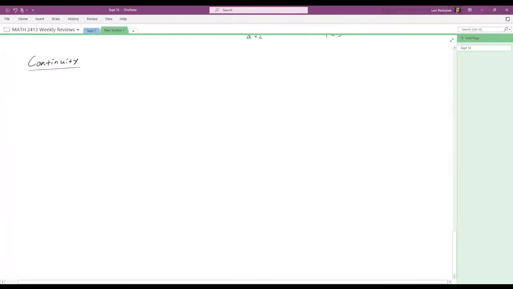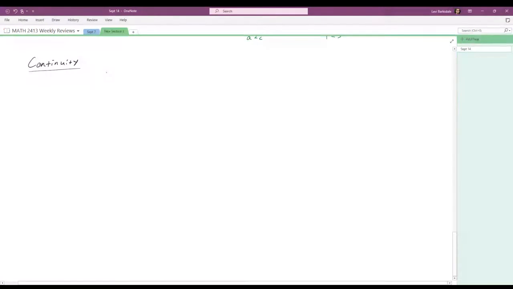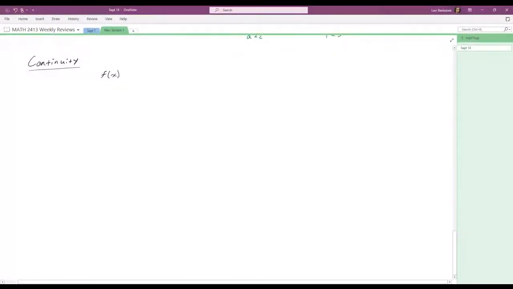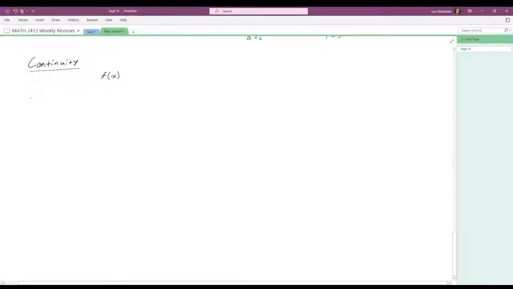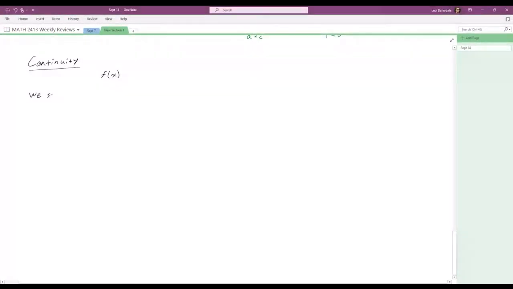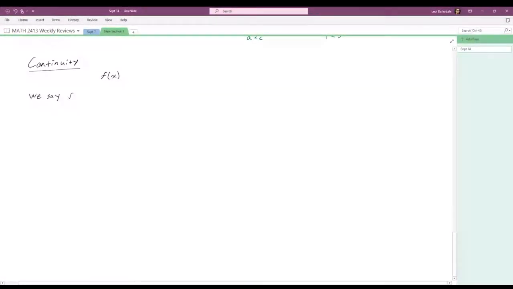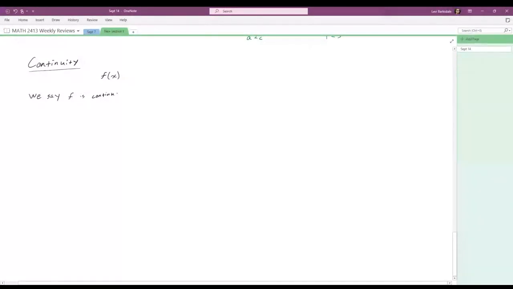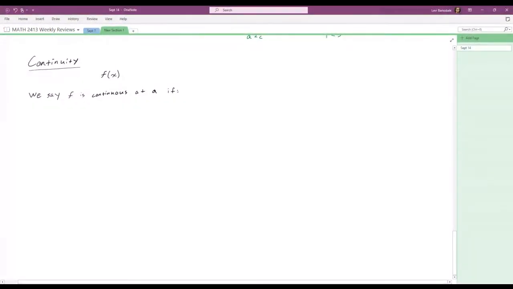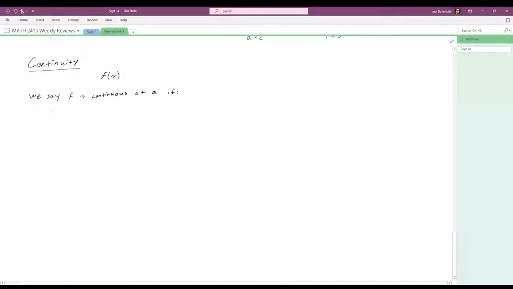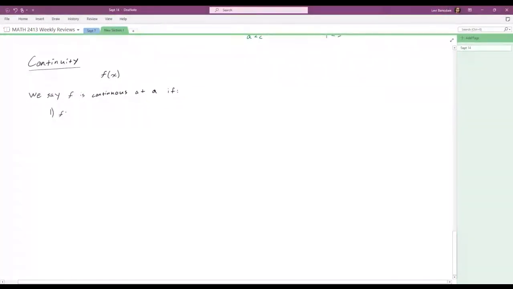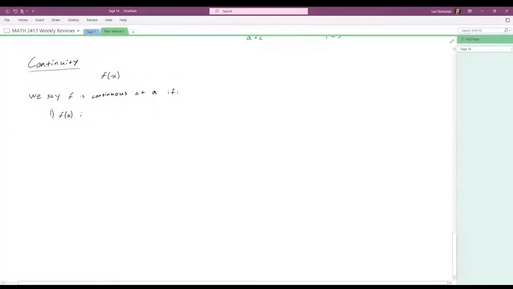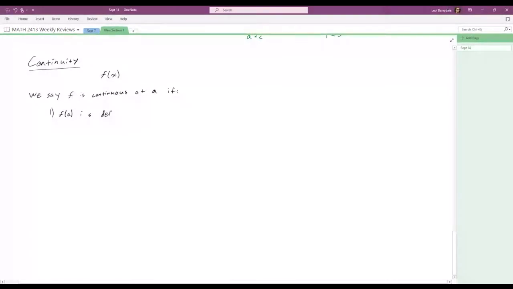Cool. So let's say we have a function f of x, and we say that f is continuous at a if three things are true. One, we have to be able to say what f of a is. So f of a is defined.